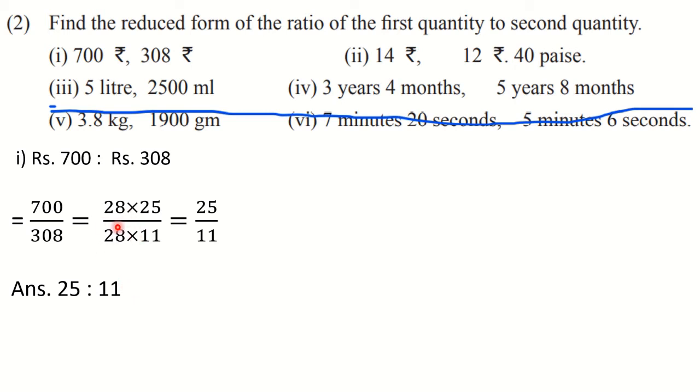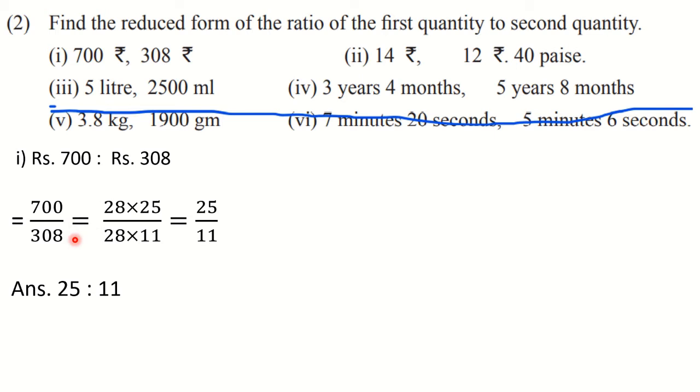Now directly I have taken the number 28 here because I knew it. But if you can't think of such big numbers, as I told you previously also, first you divide by the smaller number. For example, you know that the last two digits 00 and 08 are divisible by 4. That means you can divide these numbers by 4. So first you divide by 4.